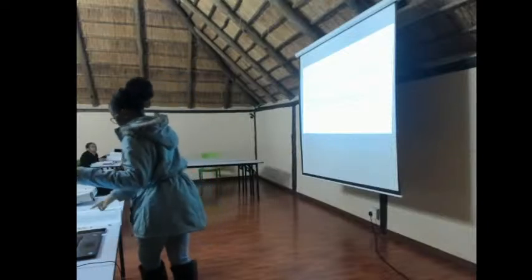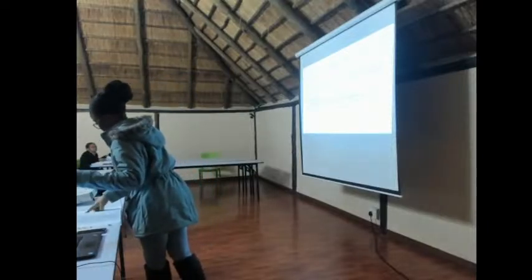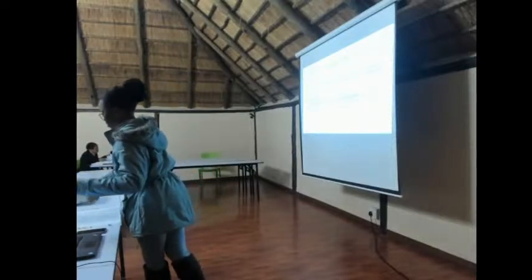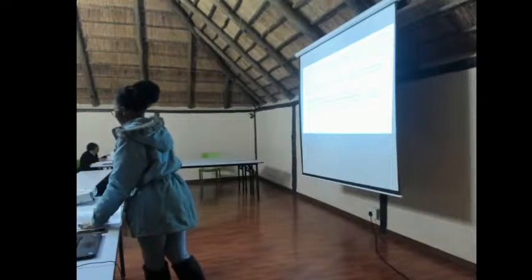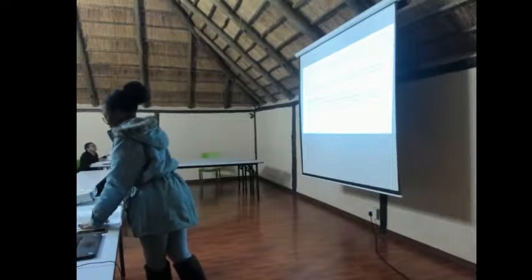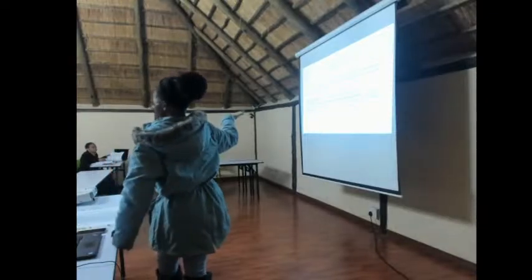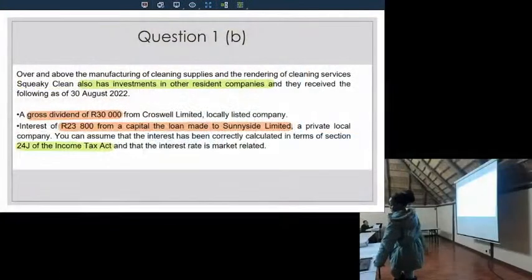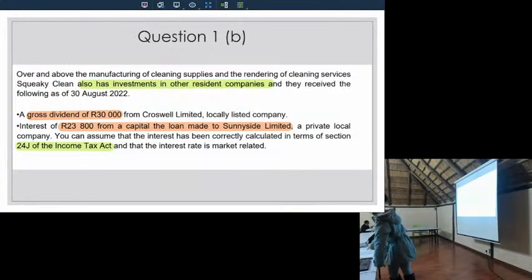But section 10(1)(i) tells you that in the case of any taxpayer who is a natural person, it doesn't say any person. Do you understand? So Squeaky Clean wouldn't have qualified for an interest exemption. This was just to trick you, because there is an exemption of 23,800. So you would have seen it and said, hey, let us account for this exemption.